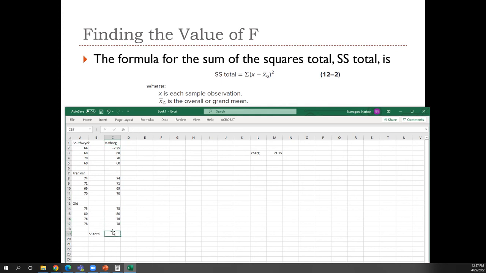Actually, we have to square them all, so we're going to square them: x minus x bar g. It takes a bit. You always know it takes a little bit to piece these out, because you really need to piece them out to understand them. Now, are there probably formulas that are actually built into Excel for this?